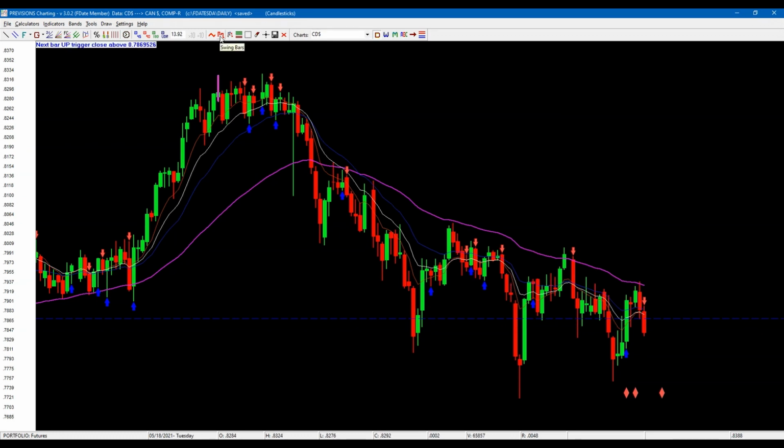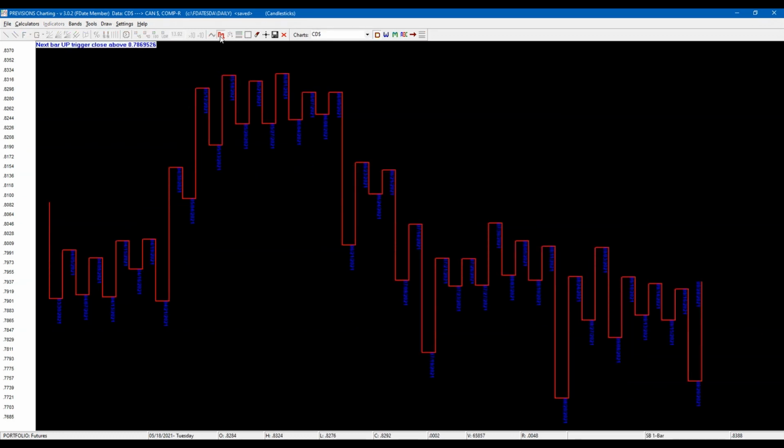I'm going to go now to my swing bars chart. And this might be alien to a lot of you, but what it basically is showing you is the 1-bar swings in this market. So if you have a confirmed swing, it makes this pattern, and you have a bottom, top, bottom, top, bottom, top.